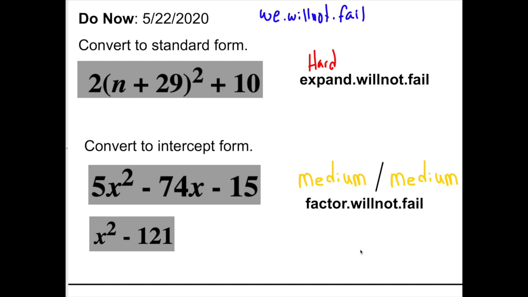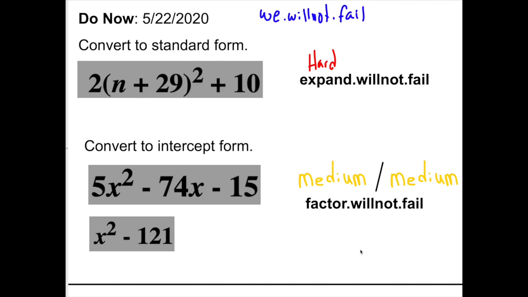So in this do now, I've got one quadratic in vertex form that you need to convert to standard form, and I have two quadratics in standard form that you need to convert to intercept form. Now, one of these quadratics is a little bit special, and we talked about one similar to it in yesterday's Hangout.